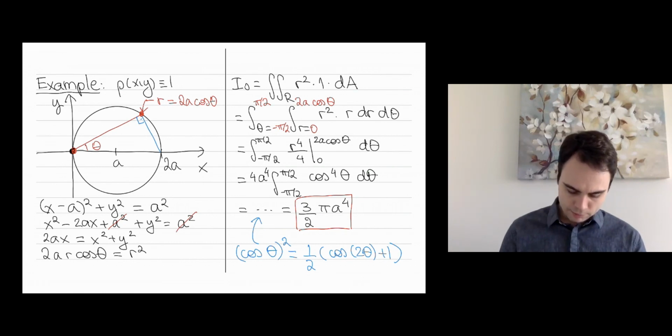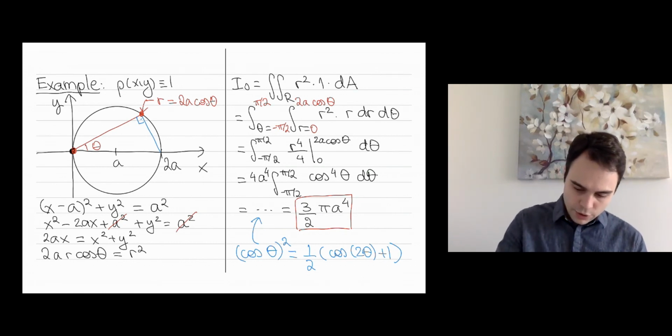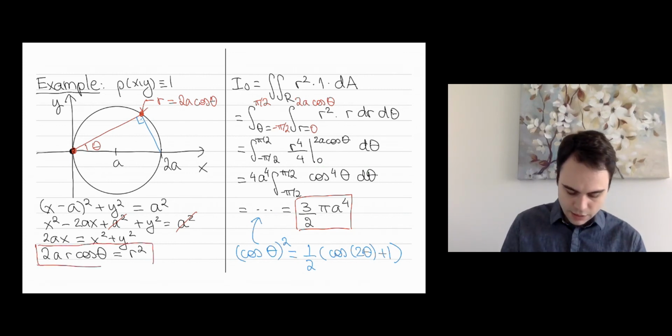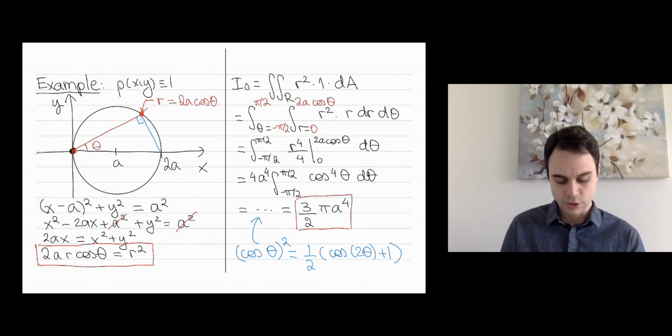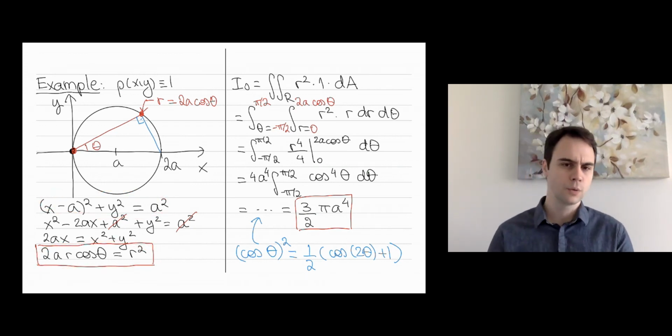And so this equation is satisfied for all points on this circle, because it's just the original equation for the circle, translated to r and theta. If this is true, then this is true, because the two equations are saying the same thing in different coordinate systems.